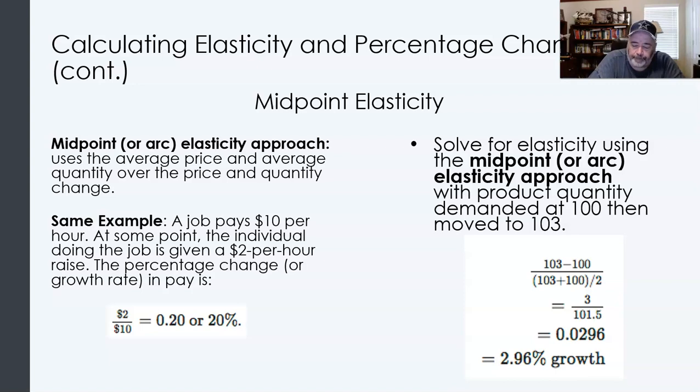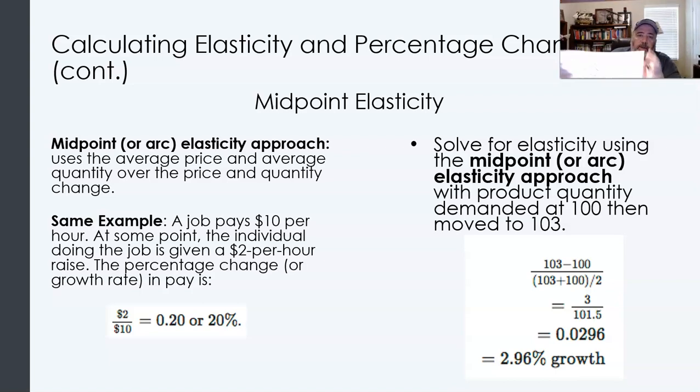All right, so really what we're talking about here is the change in quantity divided by 1/2 the sum of quantity, divided by a change in price divided by 1/2. Sorry, it's been a while for me.